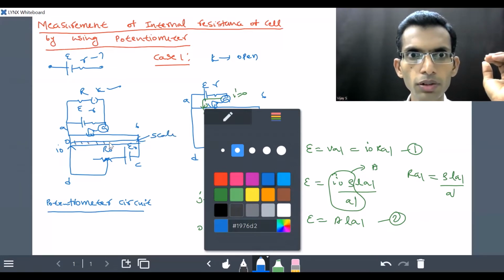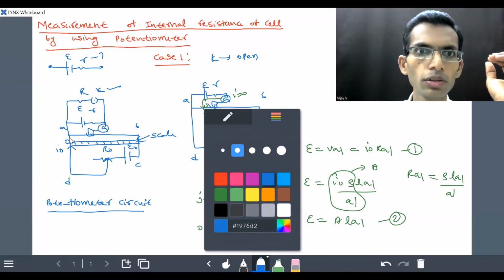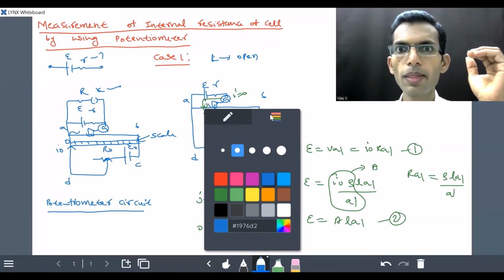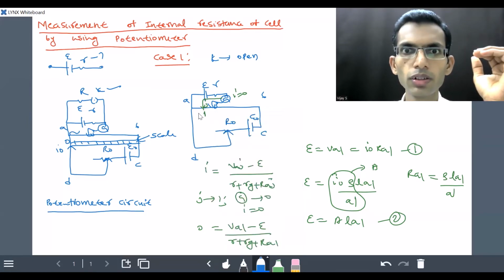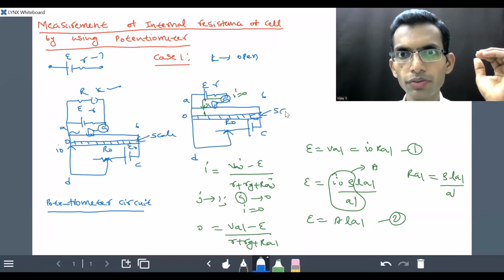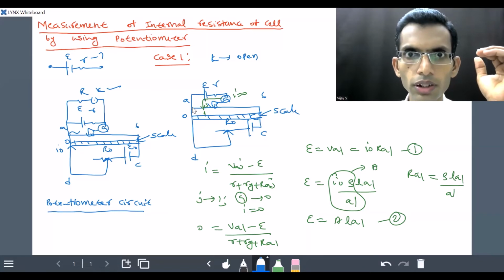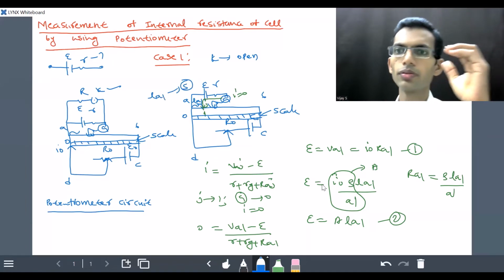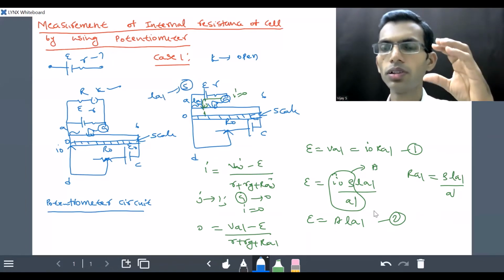Divisions are present on the scale, so LA1 is measured with the help of the scale. So this is case 1.